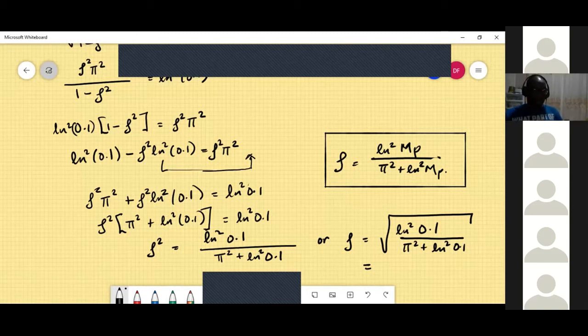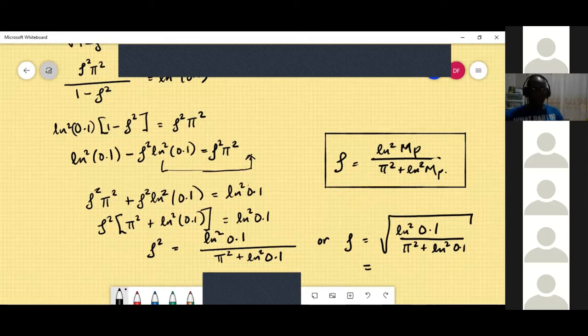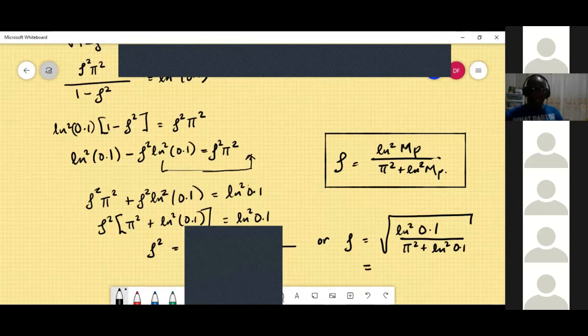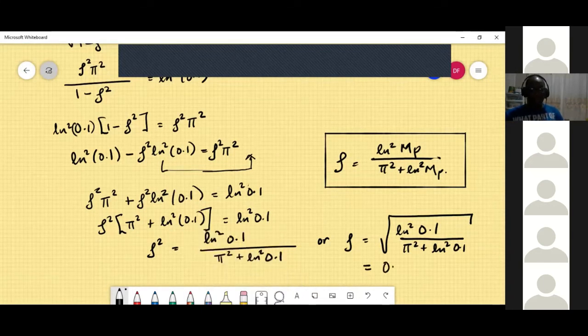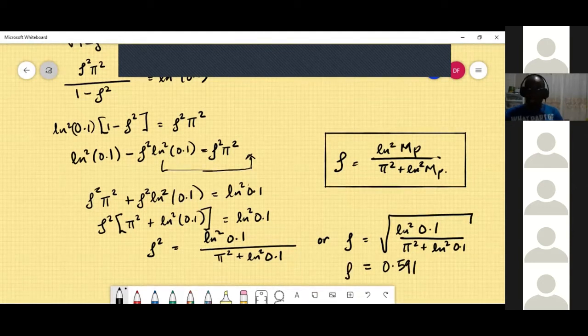Anybody work it out? Me work it out, I get 0.591, but I'm usually wrong. So somebody needs to check and see if I get the same thing.